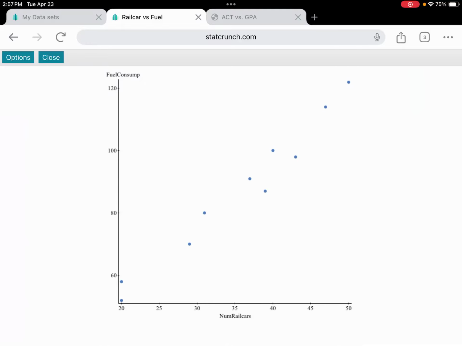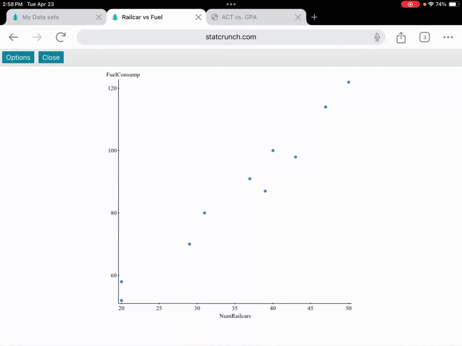So with this picture, then we need to identify direction, form, and unusual features. So the direction, as I trace from left to right, it is positive. The graph is going up. The form, we have several options, but the main one we want to look for is linear and non-linear. And this looks like a line, so I'm going to say that's linear. And the last one is unusual features: any points or set of points that don't fully match the general pattern. And in this case, I would say none.